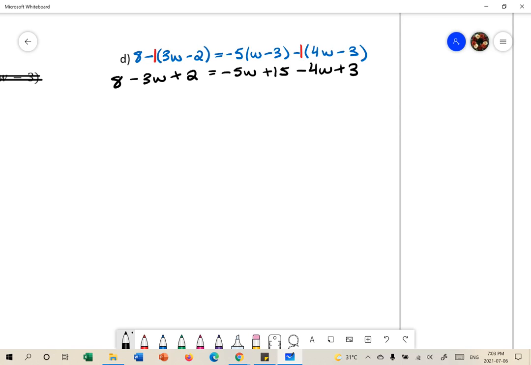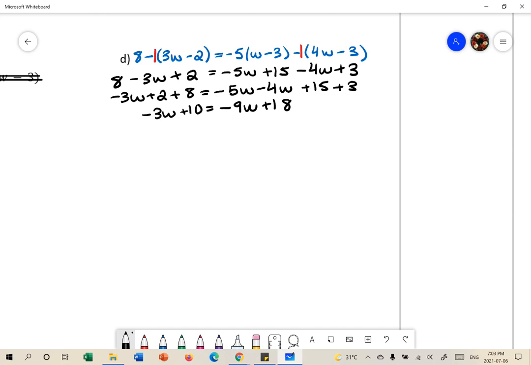I'm going to collect like terms on my left side and on my right side. And then I'm going to simplify like terms on my left and then simplify on my right. Now I'm going to start moving terms over so that the like terms are on the correct sides.